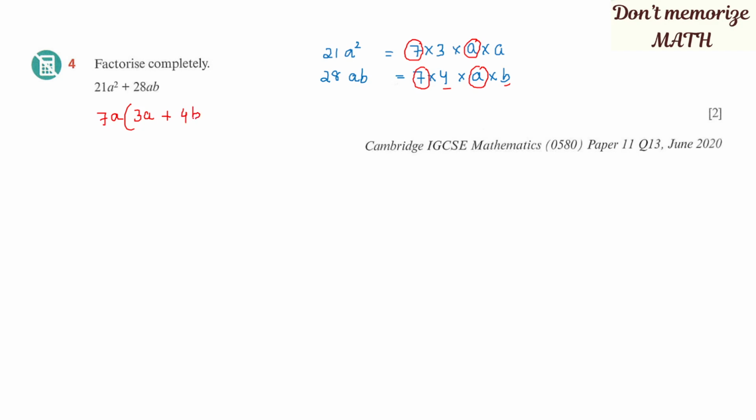So write 4b. So make sure there are no common terms inside. Okay. So 21 and 28 are multiples of 7. So take the 7 outside. A square and a, you have a common. So take a outside. So 7a is the common term. So take it out and write the remaining terms. Okay. So when you multiply it back, you have to get the same answer. That's all. So I hope it is clear for you.